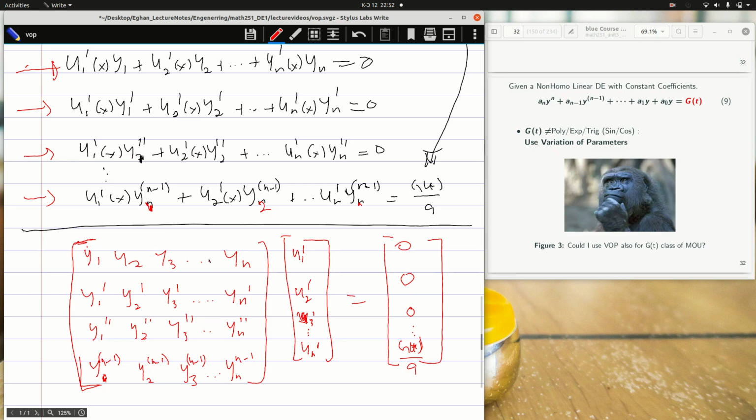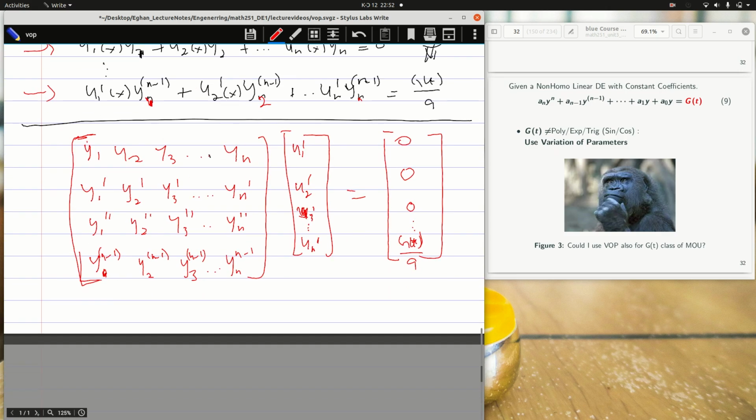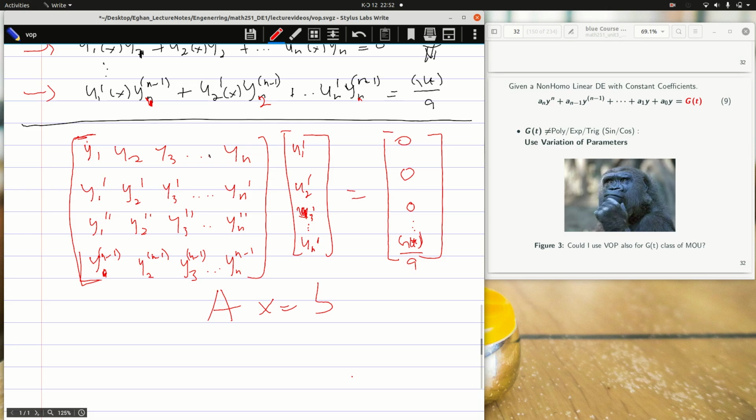And the question is, how do you solve a system of equations of this form? Someone will say this is the same as some Ax equal to b. Someone will say, I'll use Gaussian elimination. Well, you would realize that your derivatives will be a mixture of variables. These derivatives here, the n minus 1, will be some variables and then some constants.